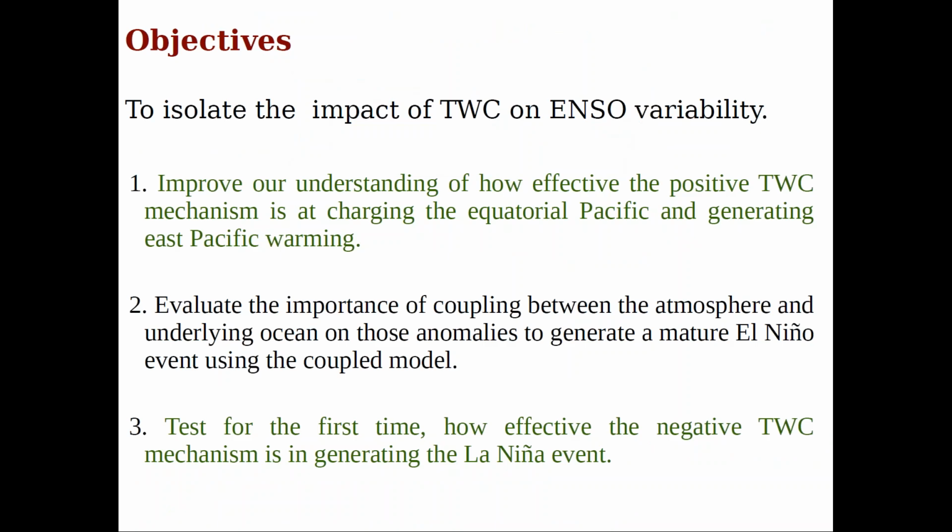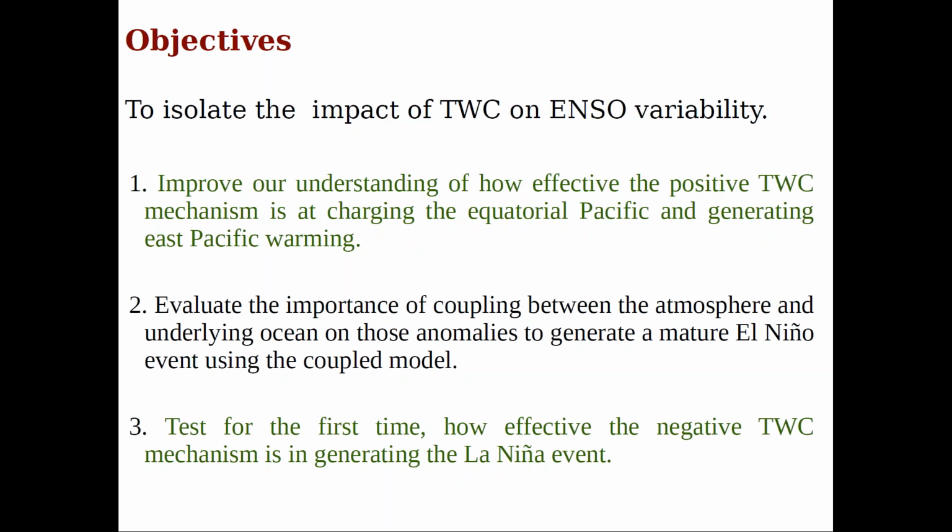Based on this study, this is our objective. We try to check this whole mechanism with the coupled model in an ensemble approach. Our objective is to isolate the impact of TWC on ENSO variability.